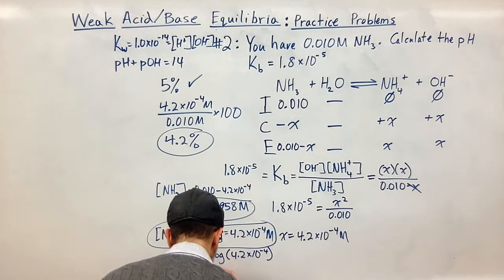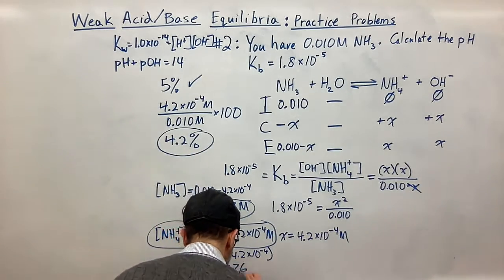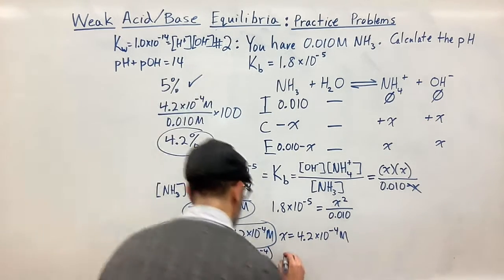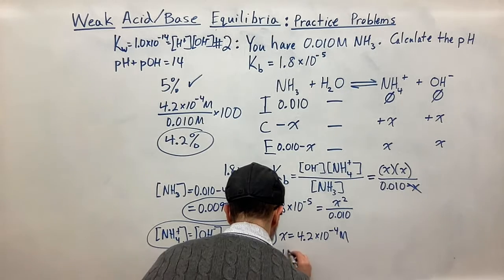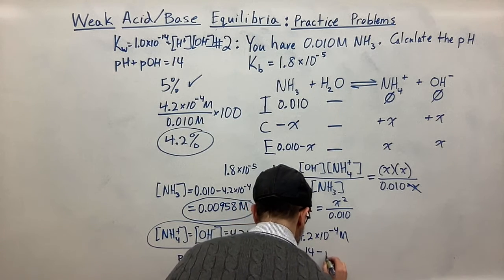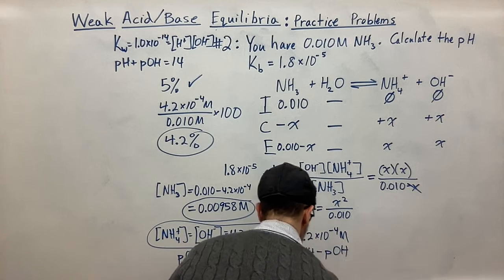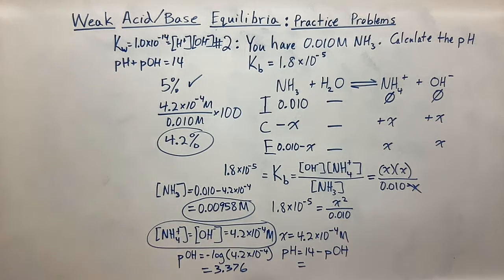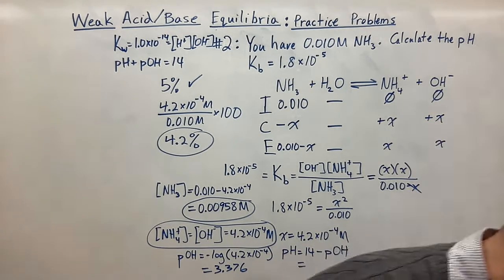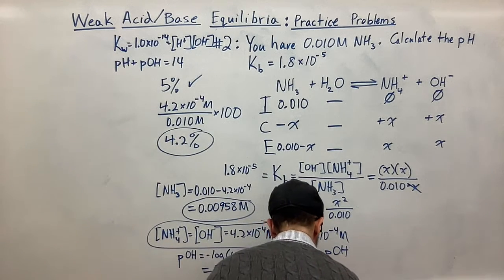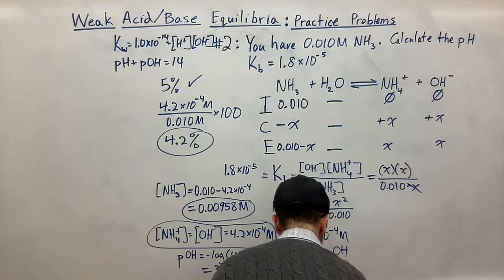3.376. And then using pH is equal to 14 minus pOH, that means the pH is going to be 10.62.